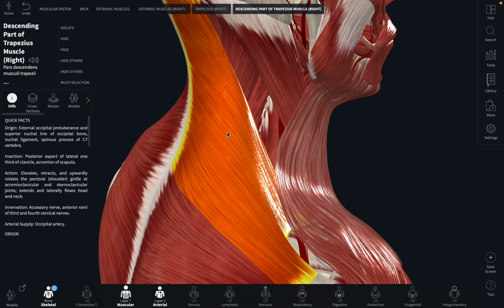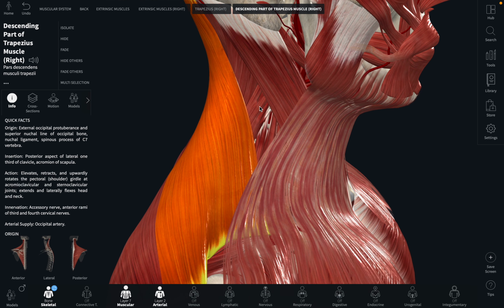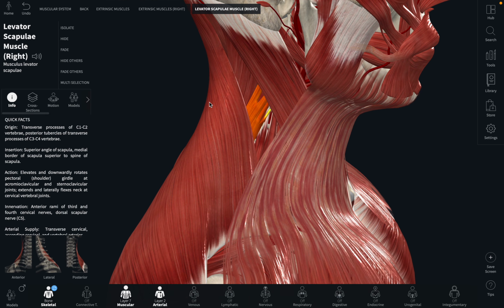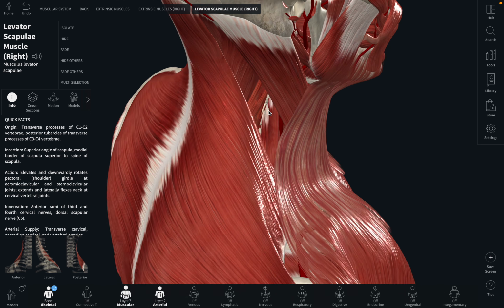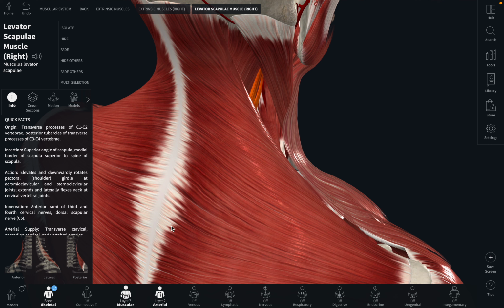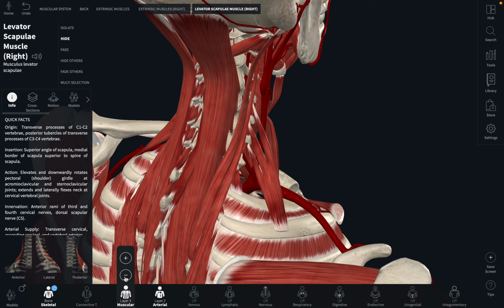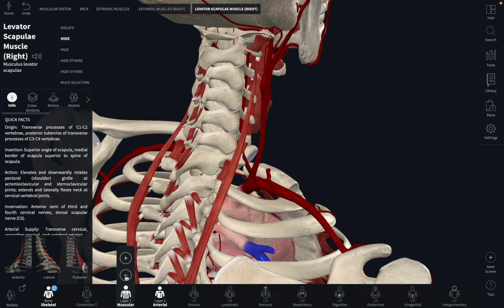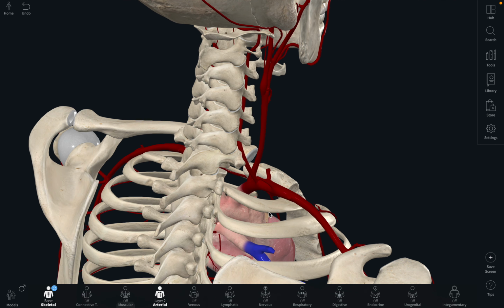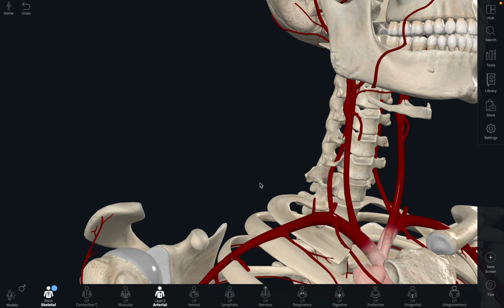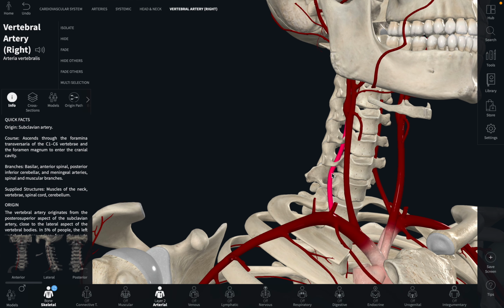Basically this muscle, the levator scapulae, it has the possibility of being supplied, but it's not that relevant. You see, these are muscles of the neck. It supplies the muscles of the neck, the vertebrae, and the spinal cord.